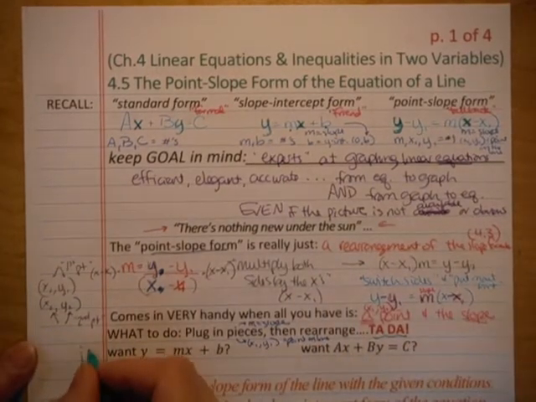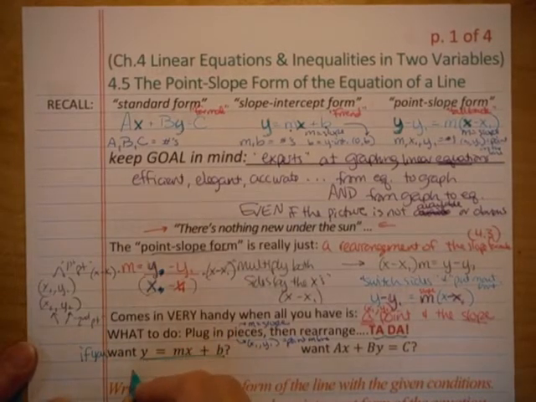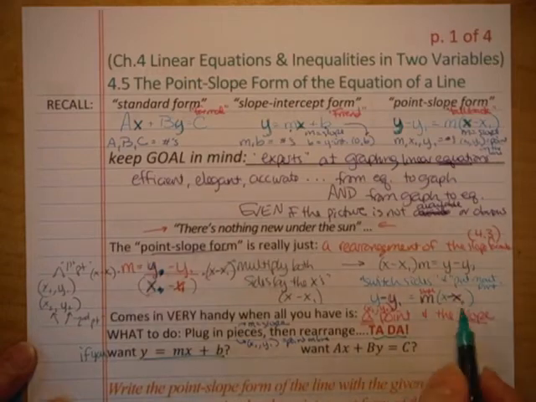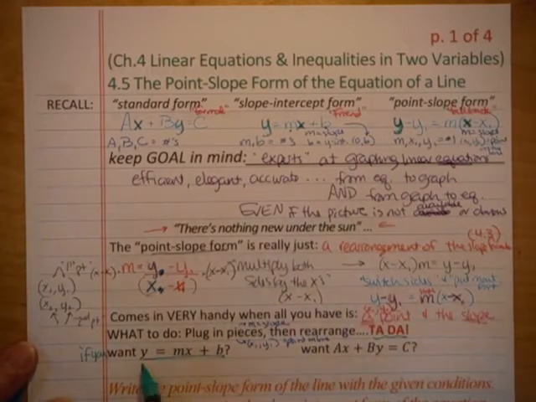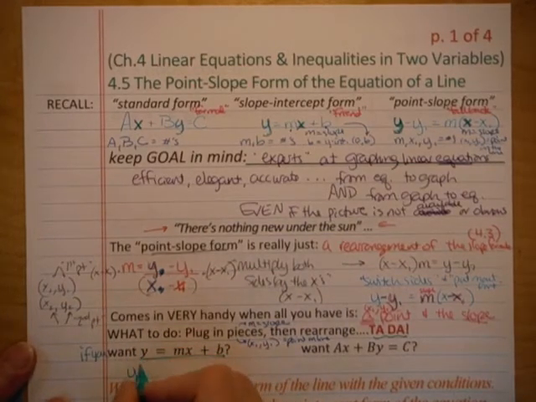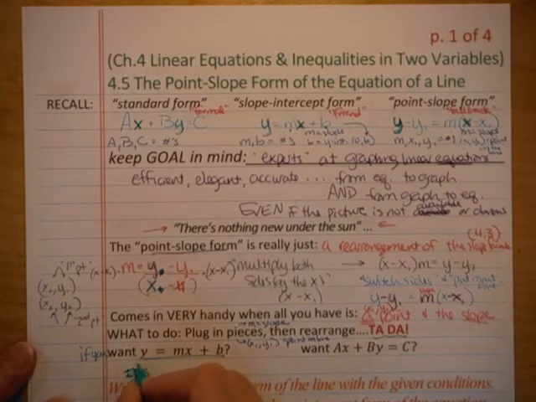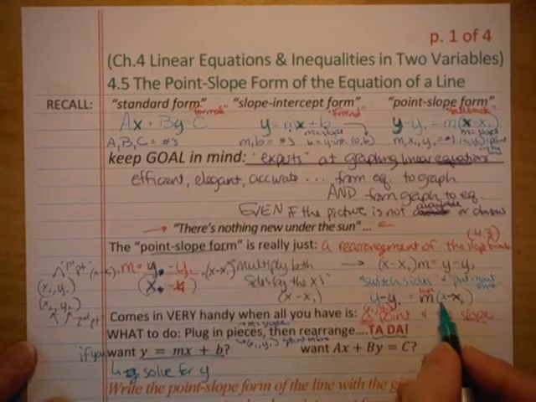Well, what if you were asked for y equals mx plus b? You would then plug in your pieces, slope and a point, into y minus y1 equals m times x minus x1. And then to get it into instant graphing form, you would solve for y.